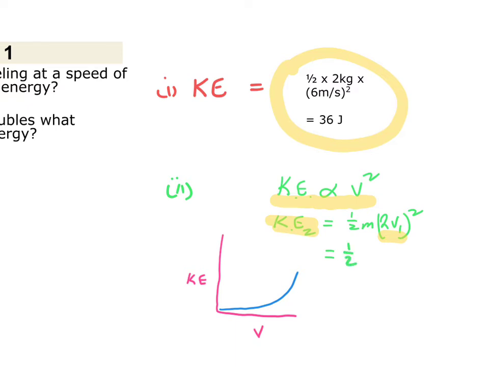So we multiply that out and we get 4 times v1 squared. Now, if we factor out this 4 and bring it to the front, we get 4 multiplied by a half mv1 squared. And so what we see is that that is equal to 4 times KE1. So if the velocity is doubled, the kinetic energy is multiplied by a factor of 4.